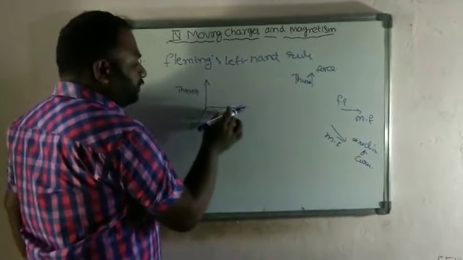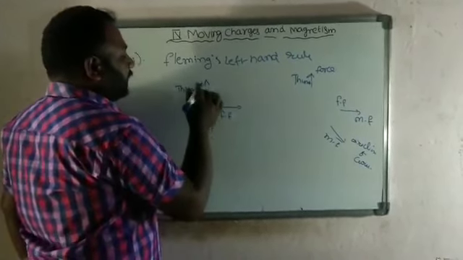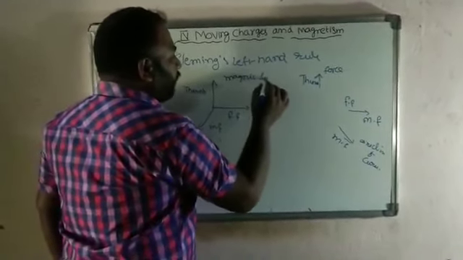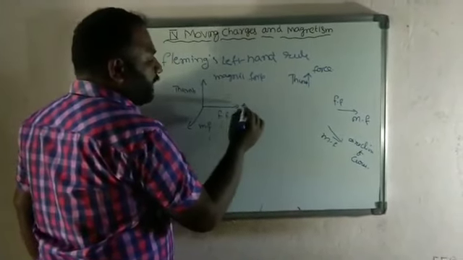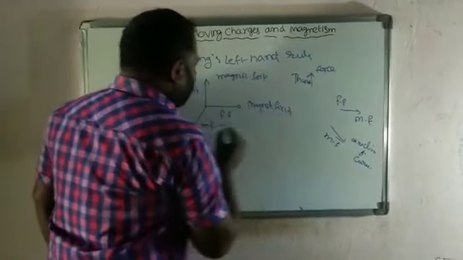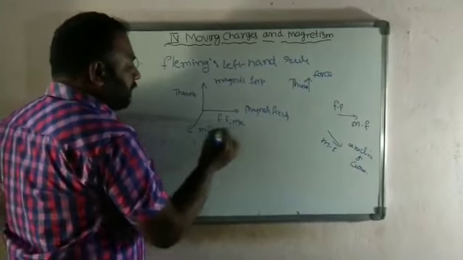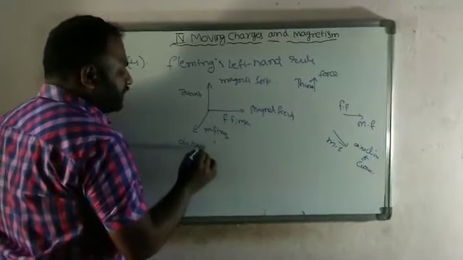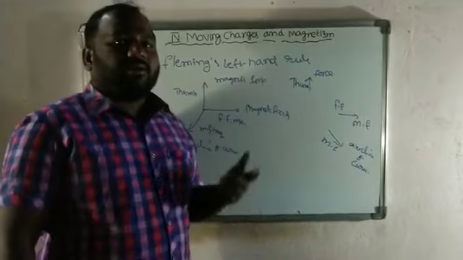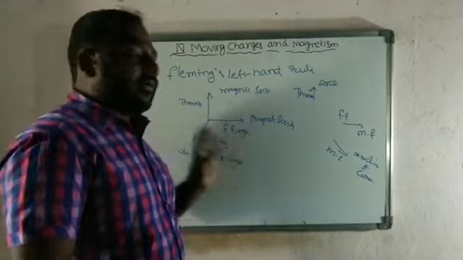The thumb indicates the magnetic force, the forefinger indicates the magnetic field, and the middle finger indicates the direction of current. Based on this, we are going to find the direction of force acting on the conductor. So these are the four points we have to remember.